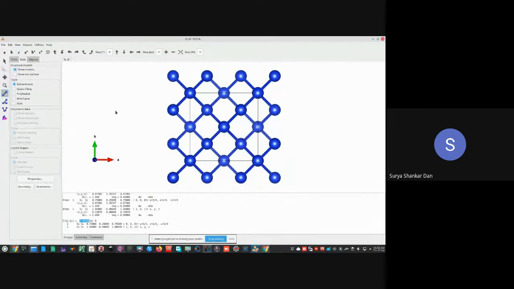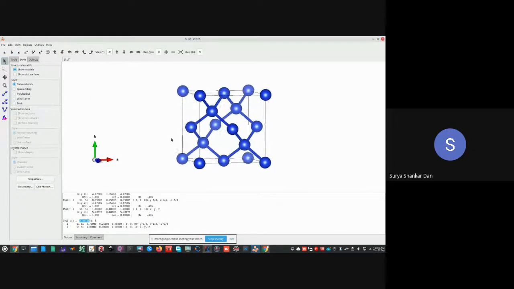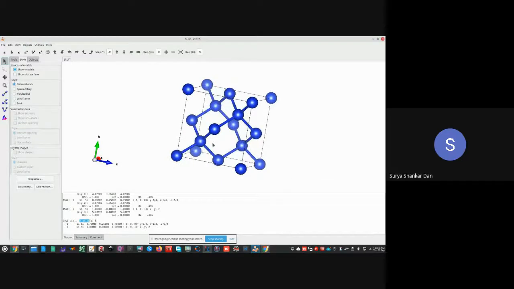So here, if we are trying to find out the interatomic distance and so on, who will say, what is the lattice constant of silicon? The lattice constant of silicon is basically the distance between the corner atoms, correct? So here again D and D. The distance between these two atoms is given over here.